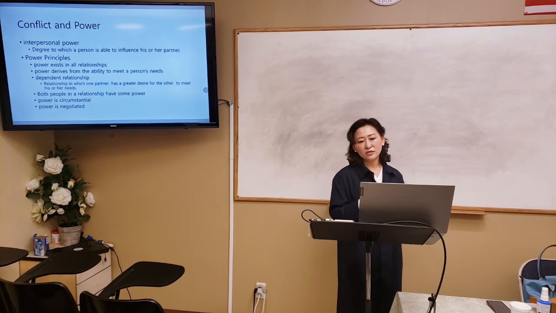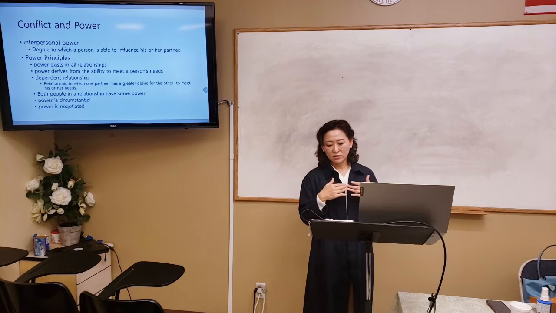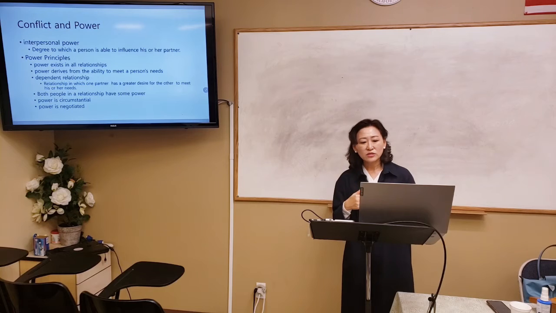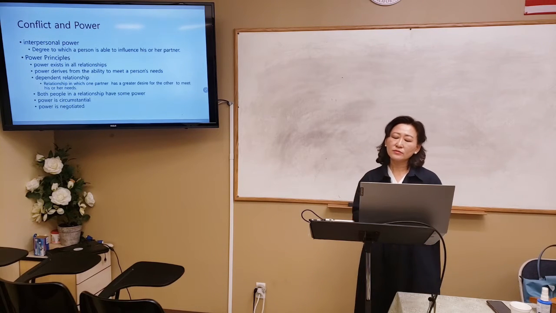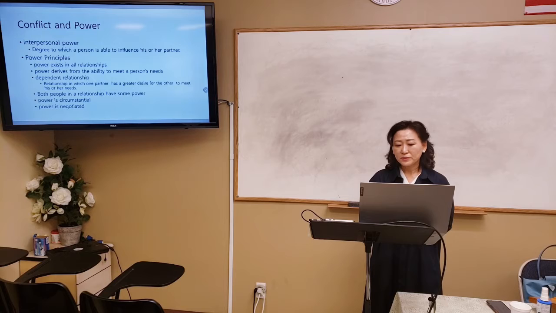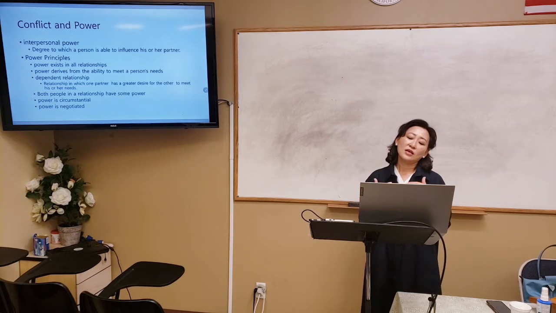Power is circumstantial. Power is negotiated. Understanding the role of power in our relations with others can help explain and predict our thoughts, emotions, and behaviors, especially during relational conflict.